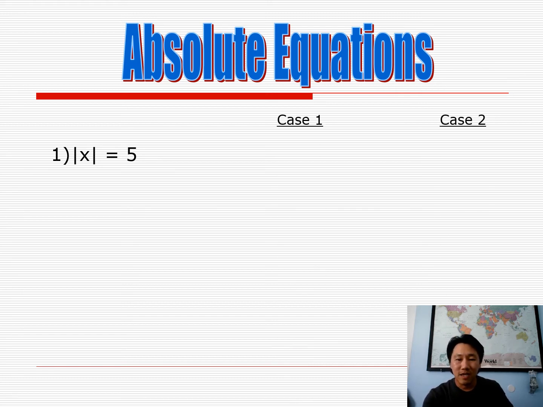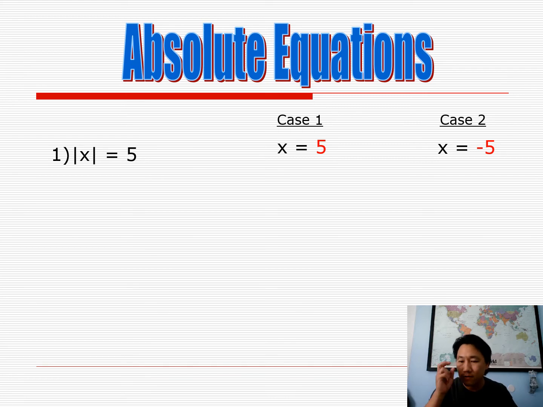To set up the first case, all you have to do is just rewrite the equation, but without the absolute value. So x is equal to 5. I know there's not a lot of solving there. But then the second case, you write the equation, but set the answer equal to negative. So whatever's on the other side of the absolute value, you set it negative.